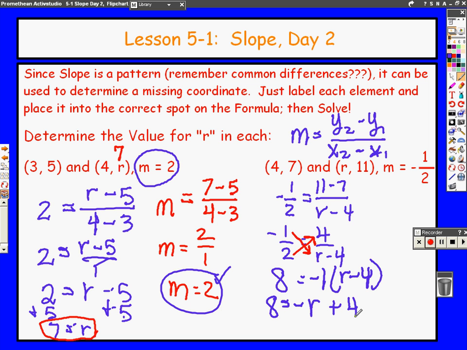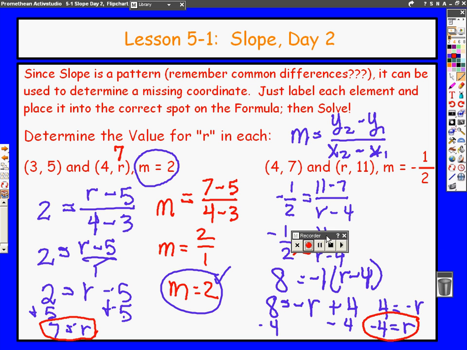Okay? And I just subtract 4, and I end up with 4 equals negative r. And then we remember we can't leave our variable negative, so I'm just going to multiply both sides by -1, and I end up with -4 equals r. And I'm going to circle that answer so I know where it is.